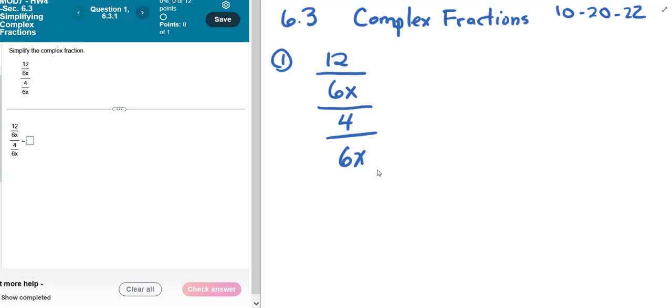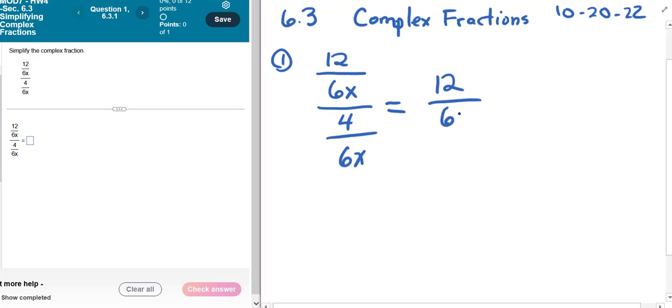One is that we could write it across as divide and then change it to multiplication. That only works okay on this problem because these are monomials, so it's not going to be a big deal to do that. So we could write it across, divided by 4 over 6x, change it to multiplication, and remember you invert the divisor.